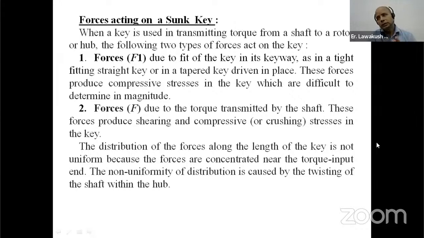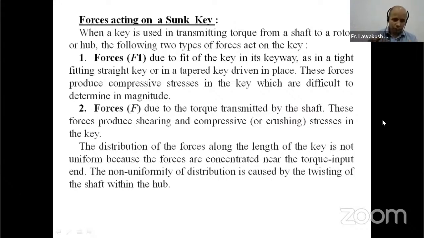When a particular key is in action along with the shaft and pulley, then different forces act on the key. Now we will go through the forces acting on a sunk key. When a key is used in transmitting torque from a shaft to a rotor or hub, the following two types of forces act on the key. First one is the force denoted by F1.